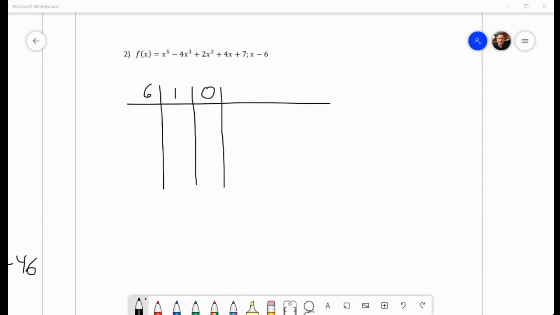So this is x to the 4, that's what the 0's for. For degree 3, we have minus 4 x cubed, so the minus 4 is next. 2x squared, that's 2, the coefficient. And then for the x, that's 4. And then for the constant term, we have a 7. I hope that makes sense so far.